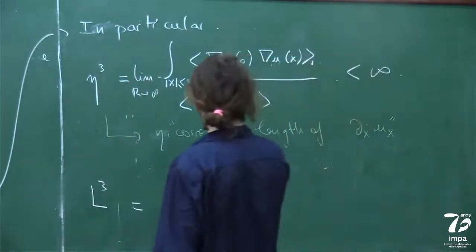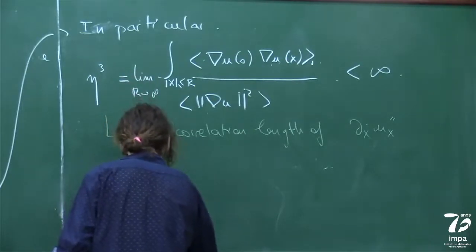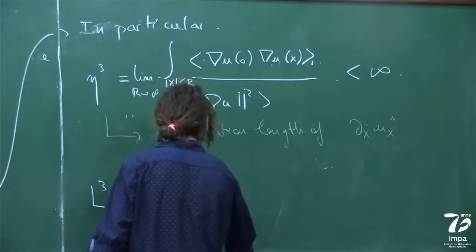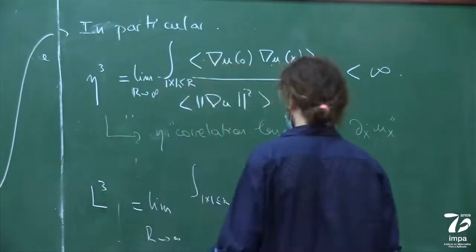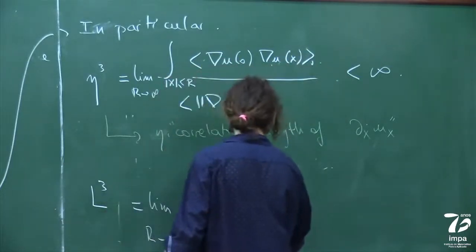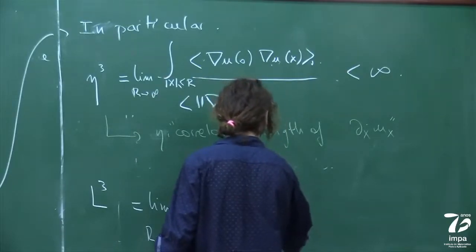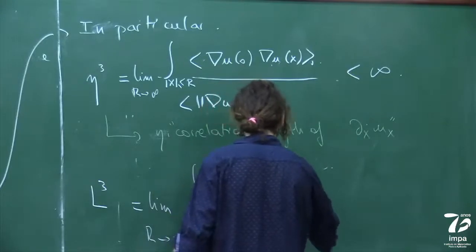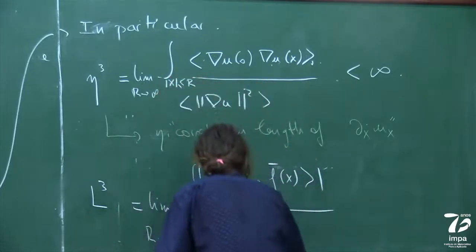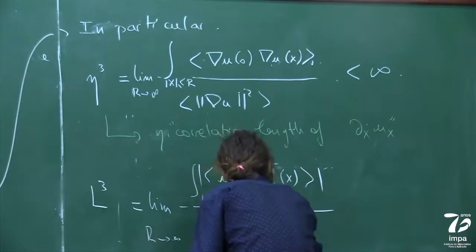which I will take with the same kind of definition, which will be the limit as r goes to infinity of the integral over x smaller than r of u0 dot f bar of x, with some absolute value, divided by what's happening here at 0.